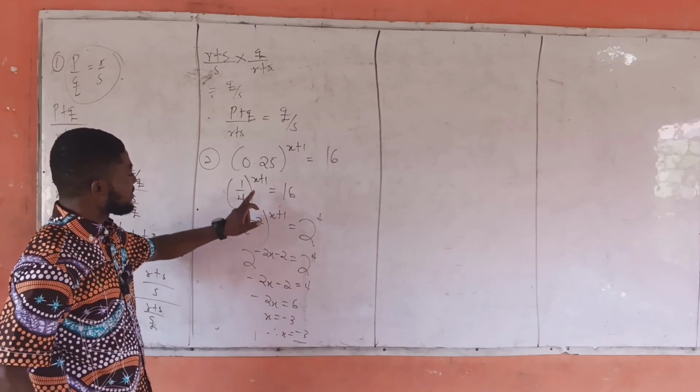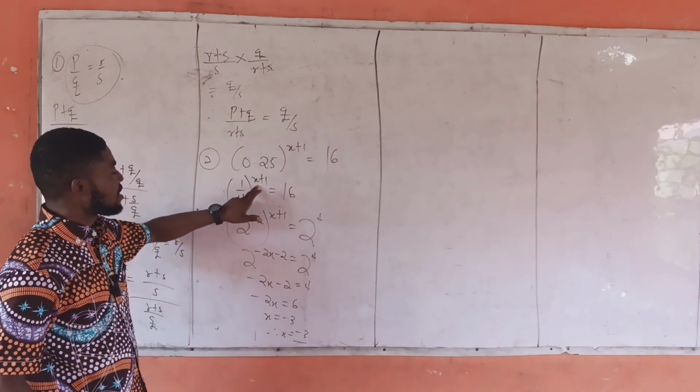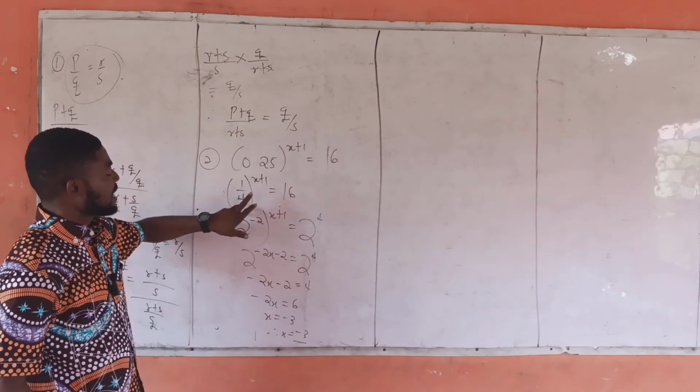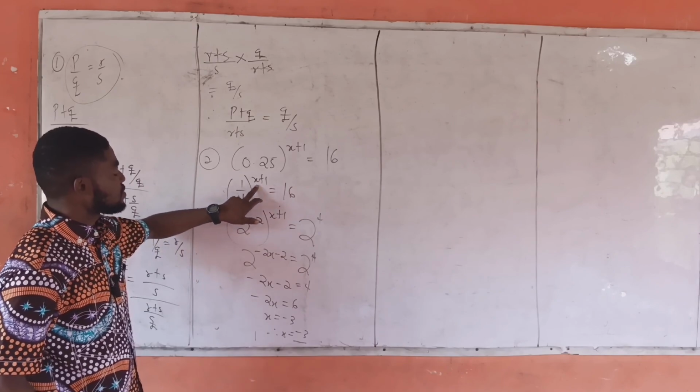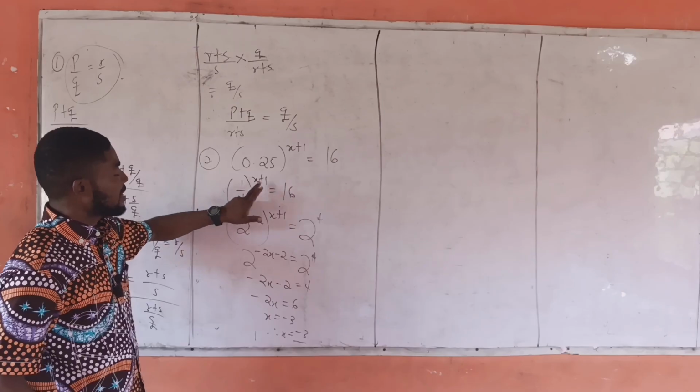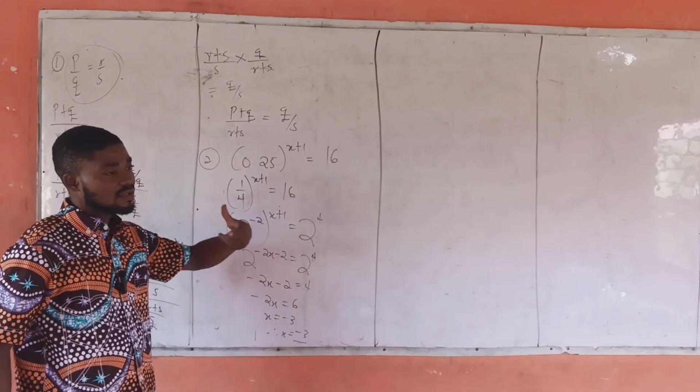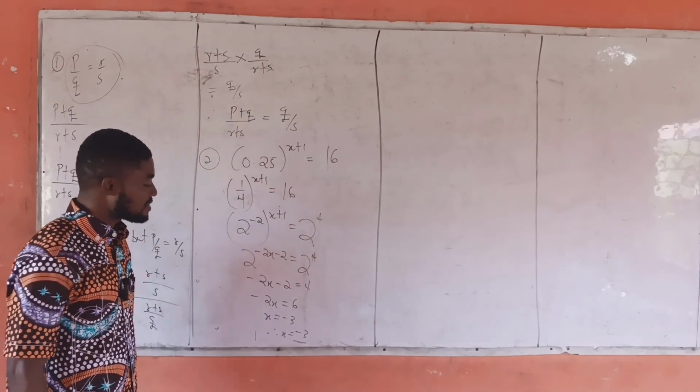When we put minus 3 over here, we get minus 2 as the power, and 2 to the power minus 2 to the power minus 2 becomes a plus. So it becomes 2 to the power 4, which is equal to 16.